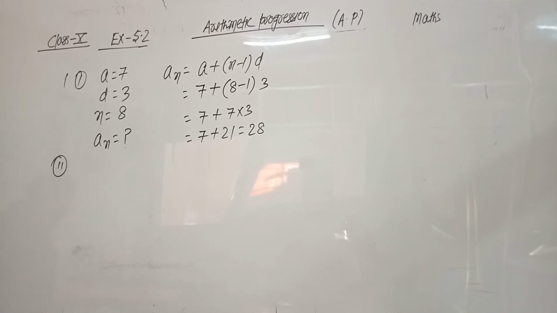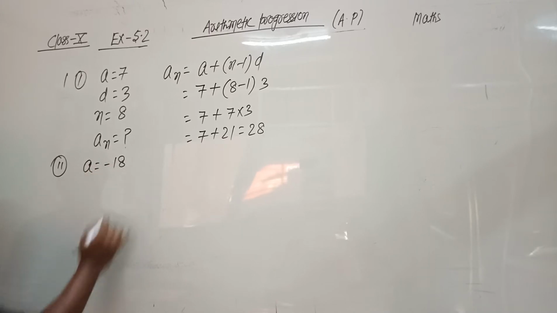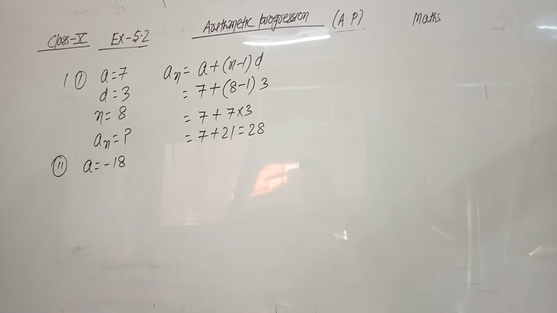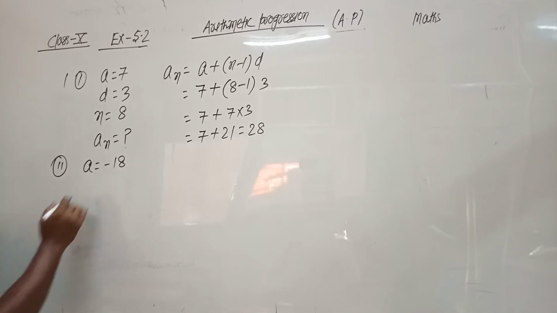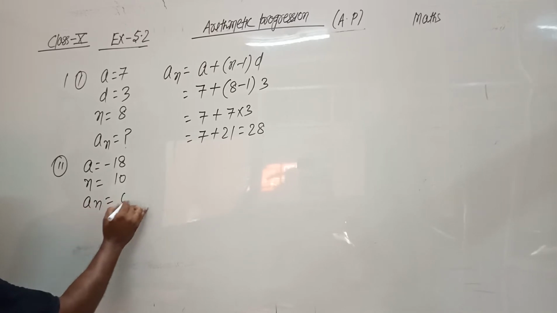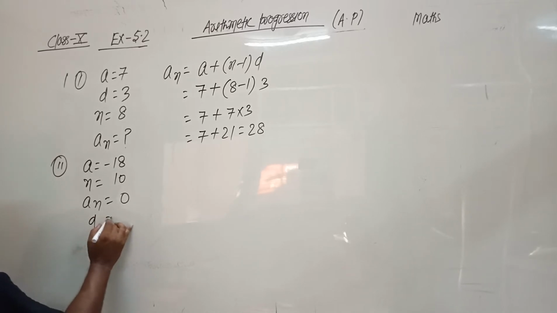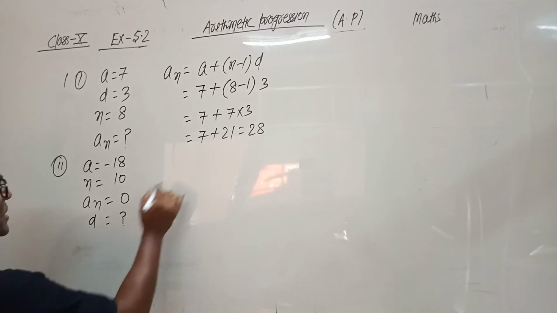In the second part, we are given A equals minus 18, N equals 10, and An equals 0. We have to calculate the value of D. The same formula will be used.